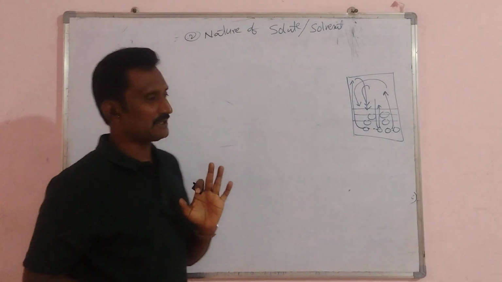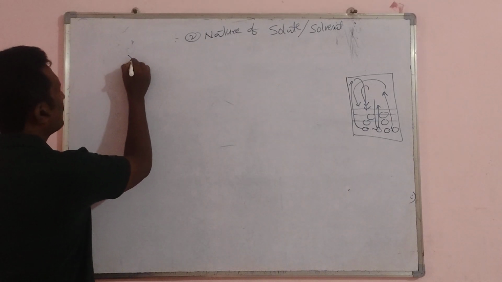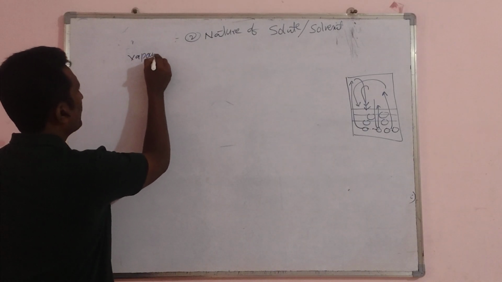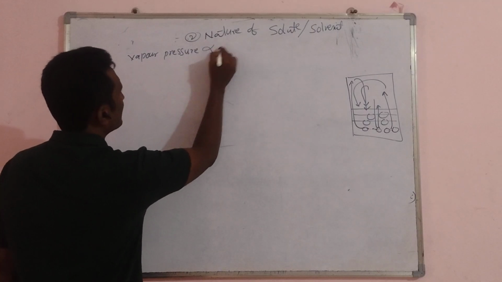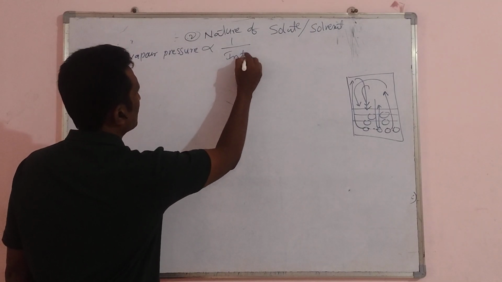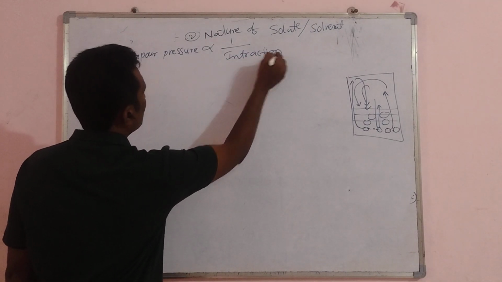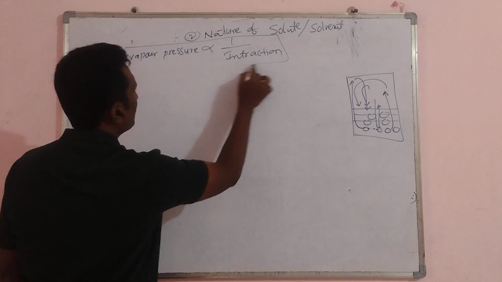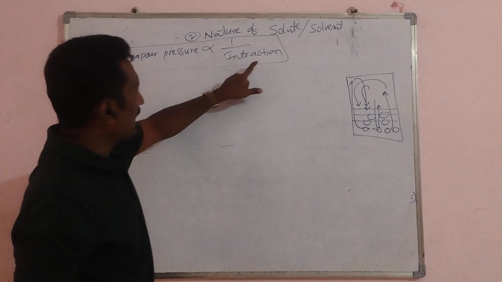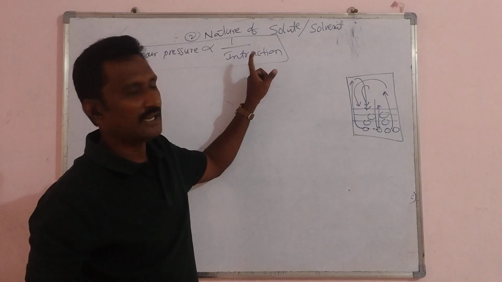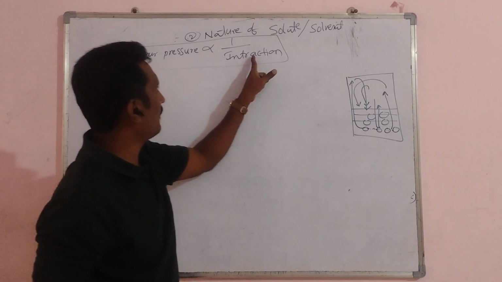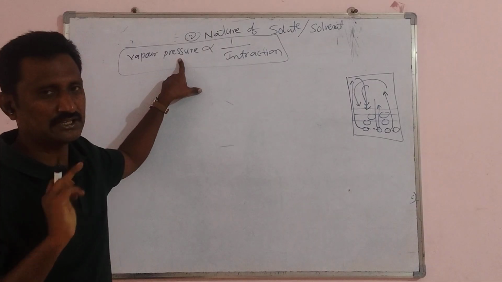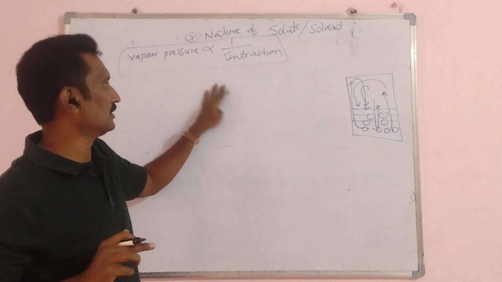So vapor pressure is inversely proportional to interaction between the particles. If the interaction between the particles is simply intermolecular forces, if the intermolecular forces increase, so obviously vapor pressure decreases. So this is inversely proportional.